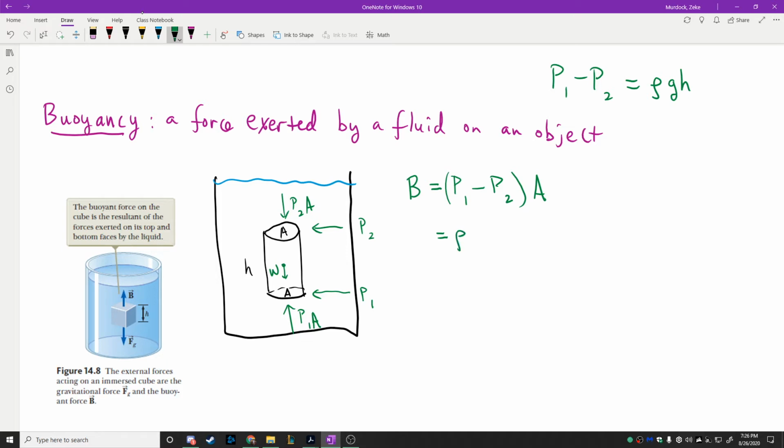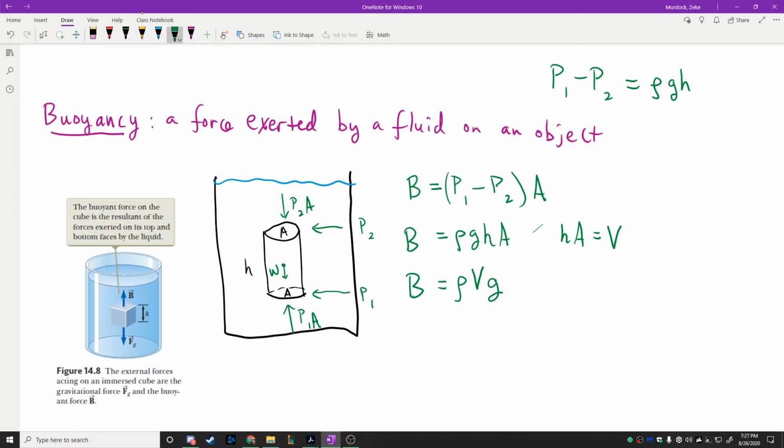By plugging that in here, we get this expression. And in this case, this h times A thing shows up here again, but we can remember that h times A is equal to what? What is the height of the object times the cross-sectional area equal to if it's a cylinder? Yep, the volume. So normally the way this is written then is that the buoyant force is equal to rho, and we put the V first usually, multiplied by g.